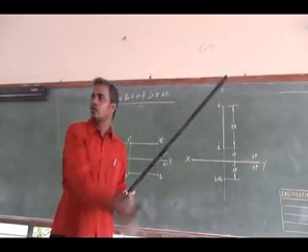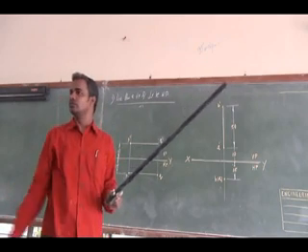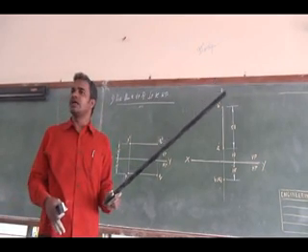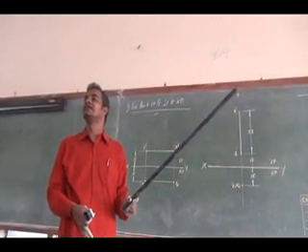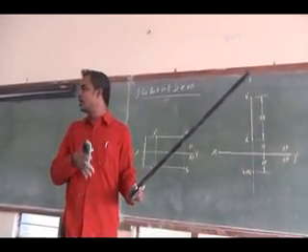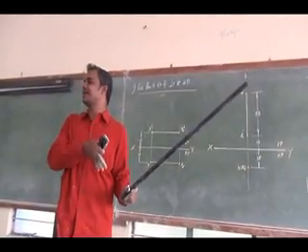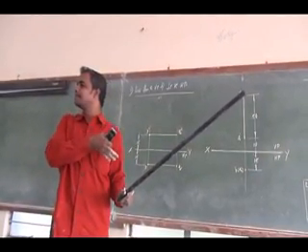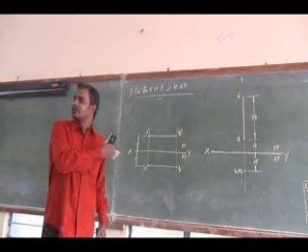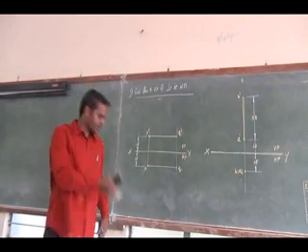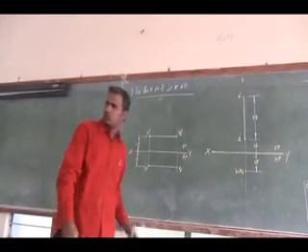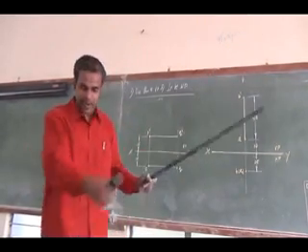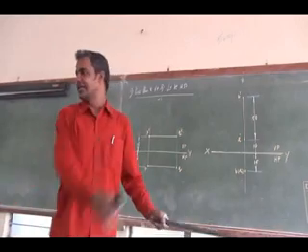So what view, how will you obtain a view? A smaller length, straight line, and that straight line, how will it be? Parallel to which? Parallel to the vertical plane, parallel to the reference line. So the whole top view will be obtained on the vertical plane.